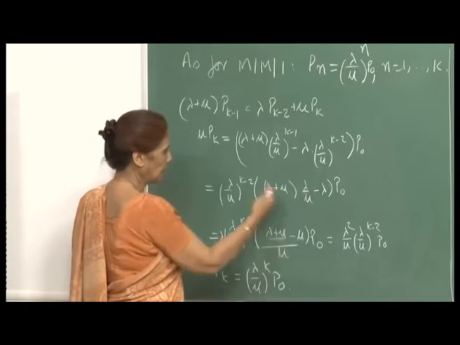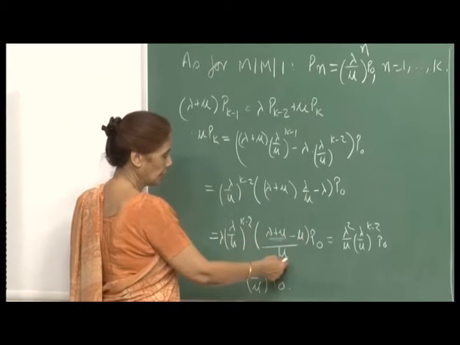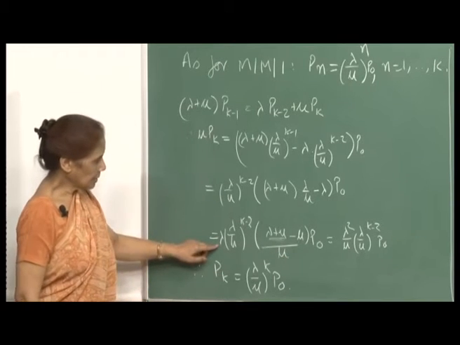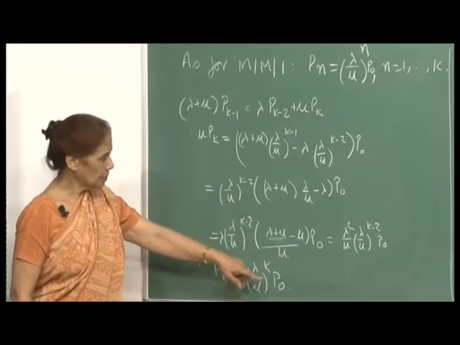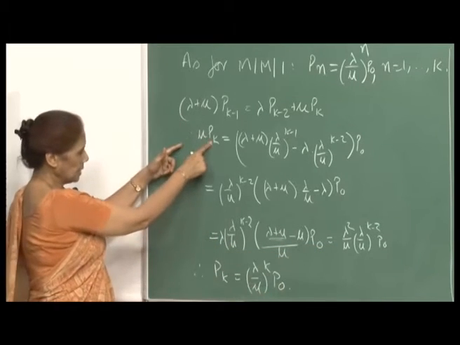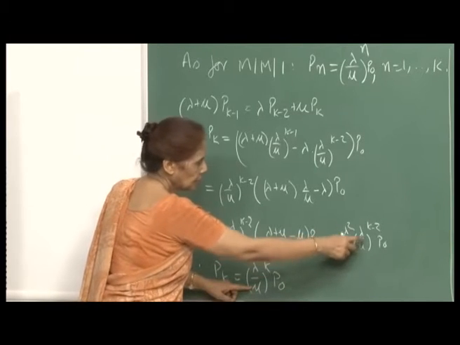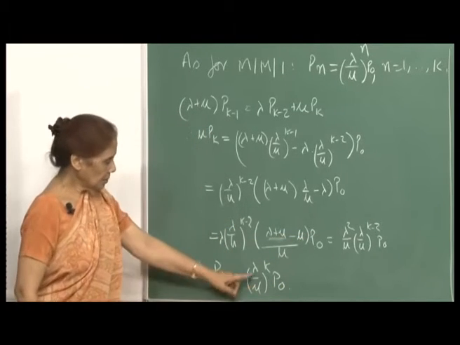Lambda again you can take outside. So, it will be lambda plus mu minus mu, by mu, with lambda outside here. This gives you lambda by mu, and therefore this becomes lambda square by mu, but then you have a mu P k here. So, P k will be lambda by mu raised to 2 into lambda by mu raised to k minus 2. So, the whole thing is there.